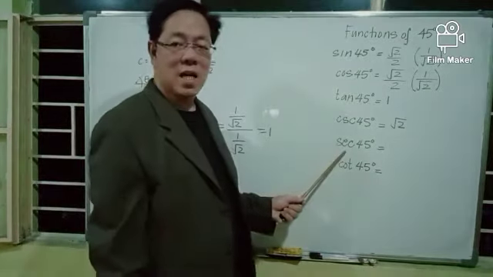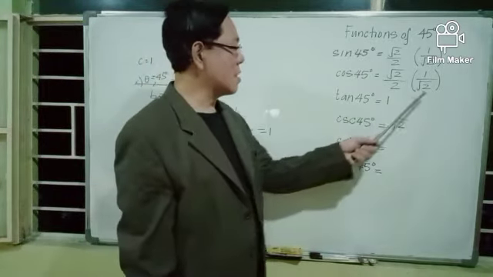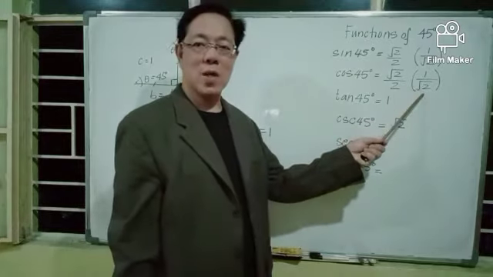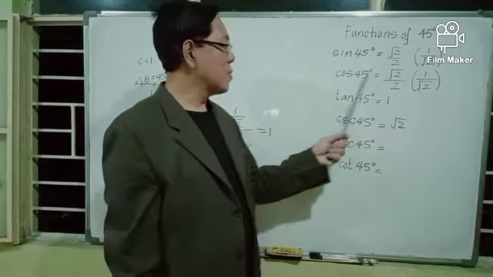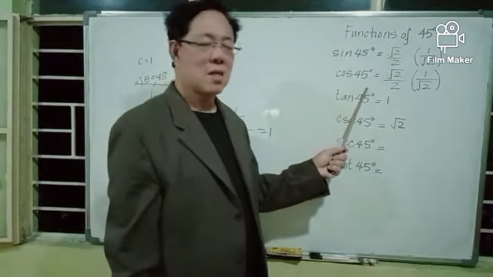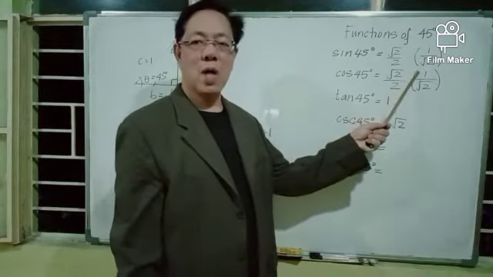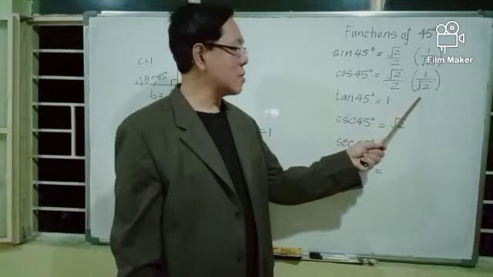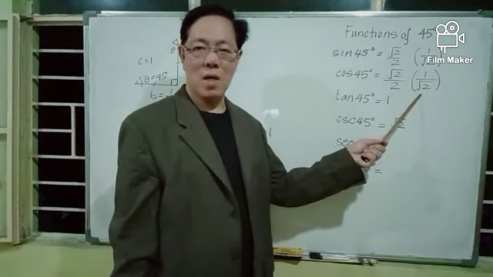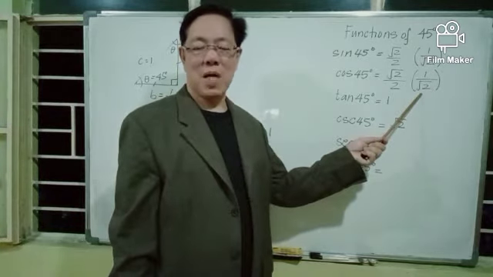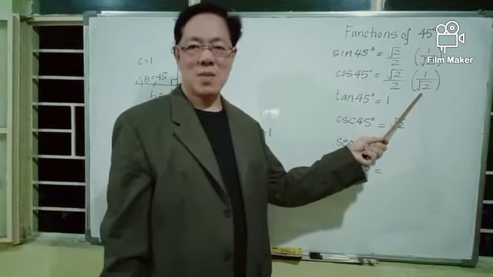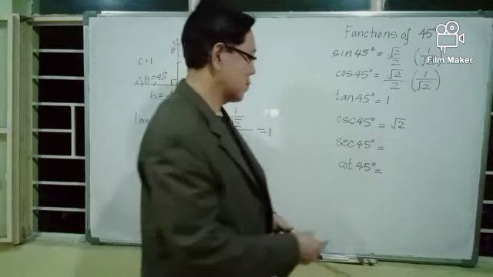And so the secant of 45 degrees is the reciprocal of 1 over square root of 2, the value of cosine of 45 degrees. And the reciprocal of 1 over square root of 2 is square root of 2 over 1, or square root of 2 divided by 1, which gives us square root of 2.